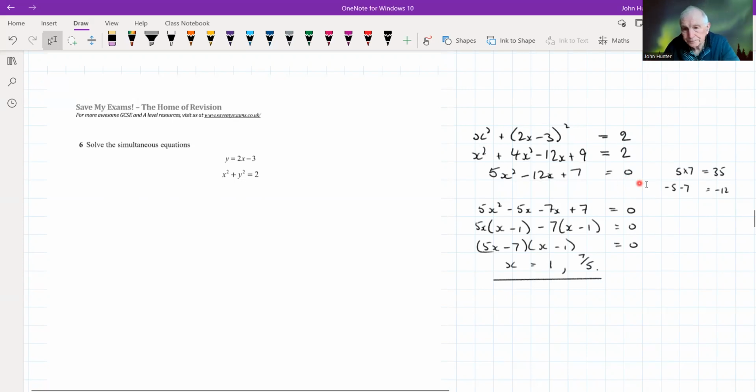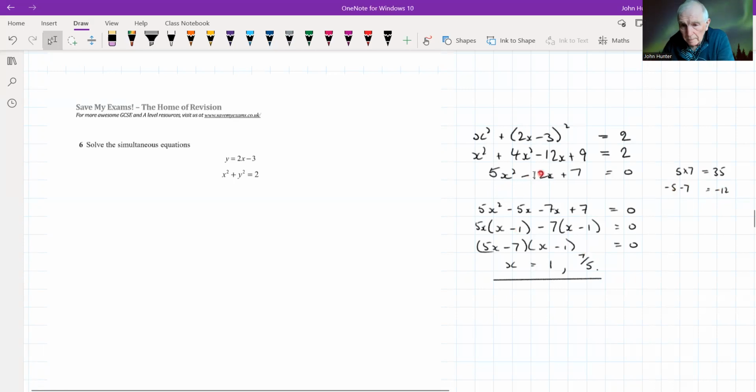Now, if we're going to factorize this, we can split the middle. So 5 times 7 is equal to 35. So if we're looking for two numbers that add to minus 12 and multiply to 35, then we can easily come across minus 5 and minus 7.